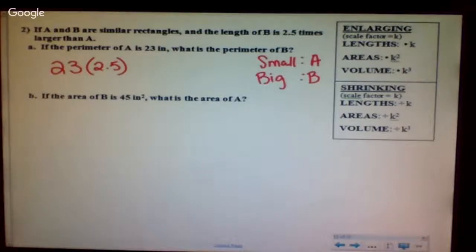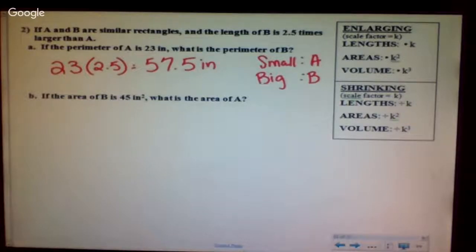No, it's just perimeter. So 23 times 2.5 is 57.5 inches. So you need to, 1, understand whether you're going to multiply or divide. Then you need to, 2, understand, do I need to just multiply it by the number, multiply it by it squared, or by it cubed?